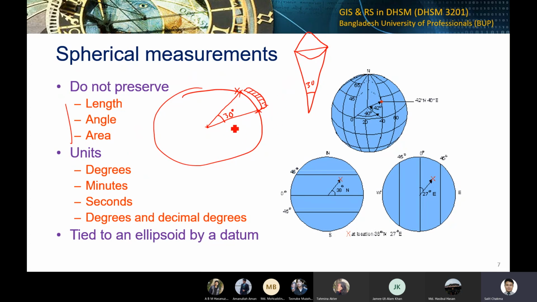And the units that are used in the spherical measurements are the degrees, minutes, seconds, or decimal degrees, or simply degrees. Okay. So, and these spherical measurements, as well as all the projected measurements, all of them are tied to an ellipsoid or a sphere by a datum.